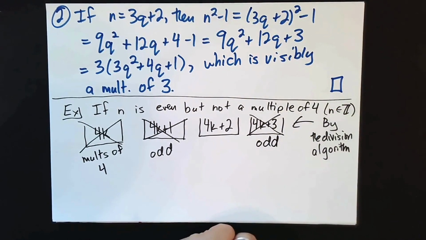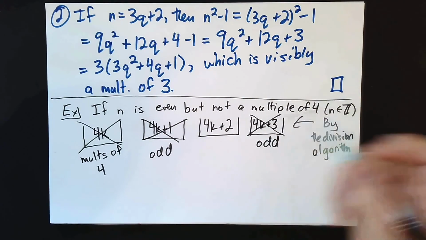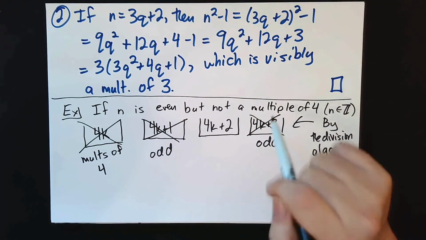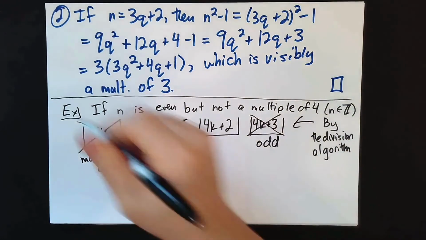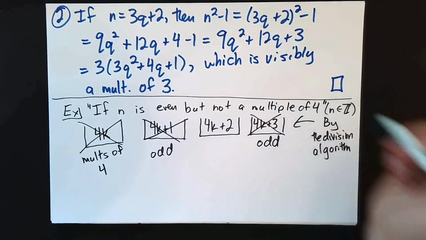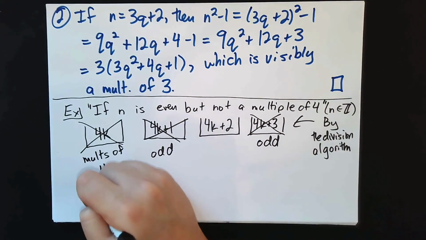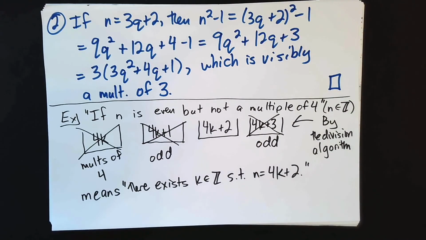Okay, so not in that bucket. So this phrase, if n is even but not a multiple of 4, you can actually rewrite that. That actually means the same thing as n is of the form 4k plus 2. This kind of translation is something that you'll become fairly expedient at as you practice doing the questions associated with the division algorithm, and particularly this is going to come up a lot in the next section.